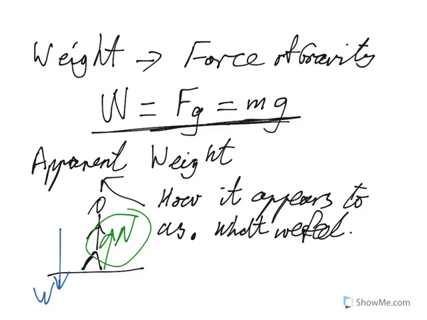We feel the normal reaction force, so it's apparent to us that we have some sort of weight. So let's have a look at an example and do a few calculations and see what it looks like.